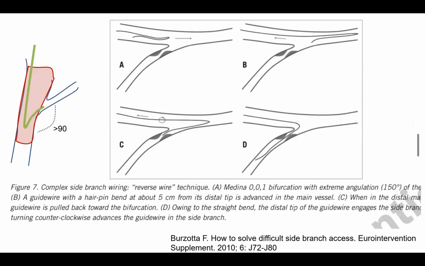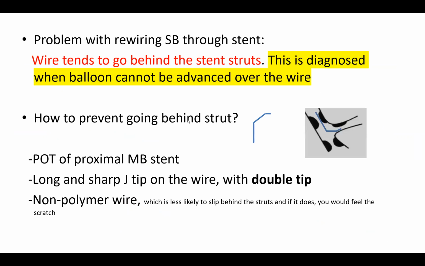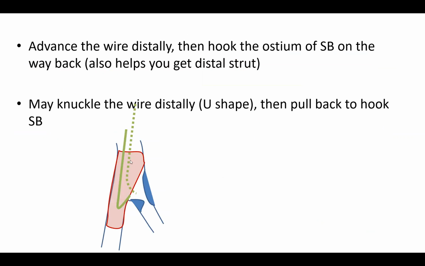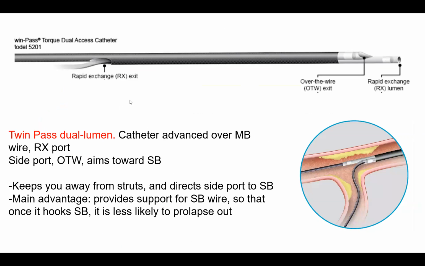So another important technique of how to wire the side branch. One very important one is how to shape your wire and how to maneuver it. Okay, whether go distally and pull back, and potentially knuckle it distally, U-shape it and pull back. Another very important technique is to use twin pass or double lumen catheter.